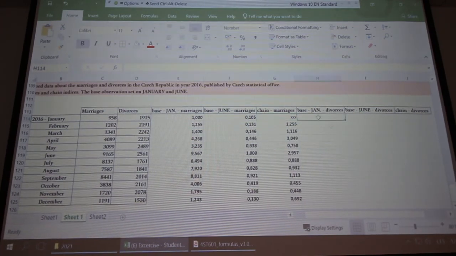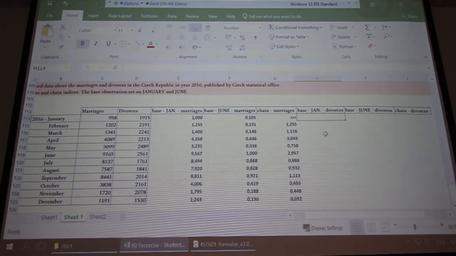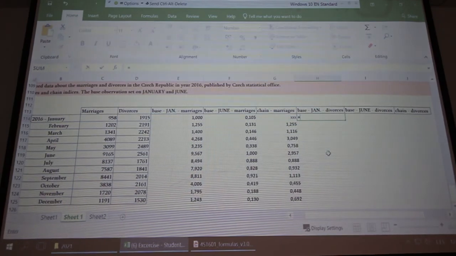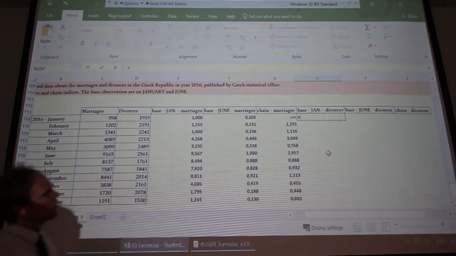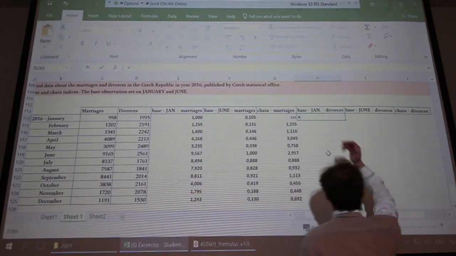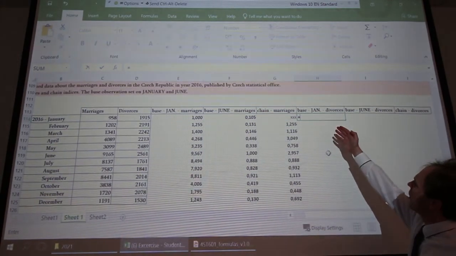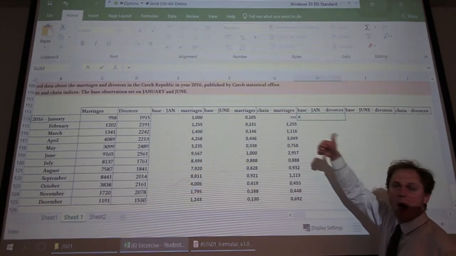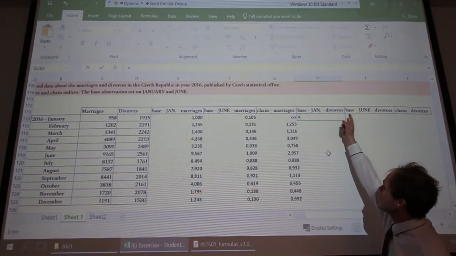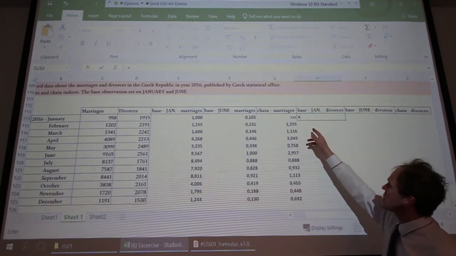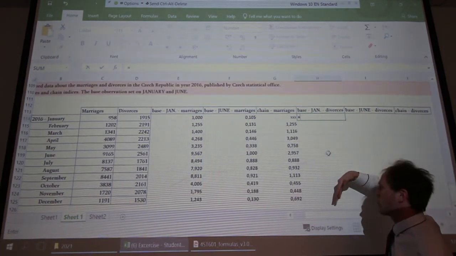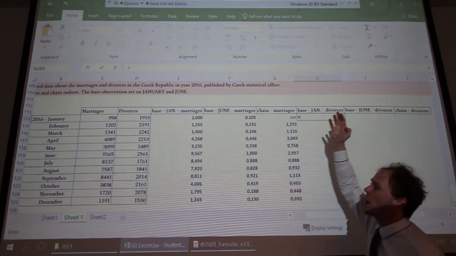Okay. So base indices for divorces. January will be the base. So again, it's possible to calculate something here because the result will be 1. January is the base, so there will be value 1 and everything else will be compared with January.